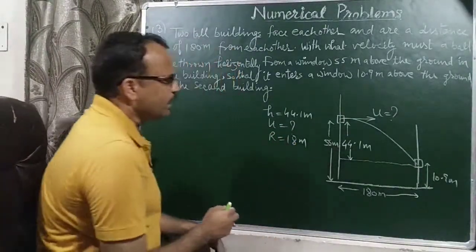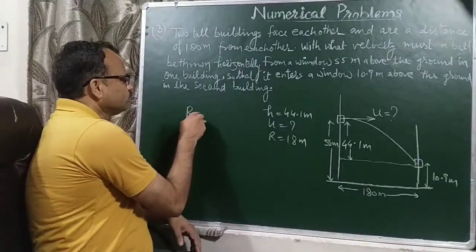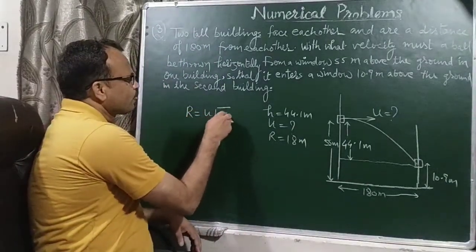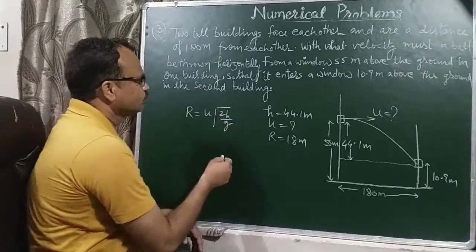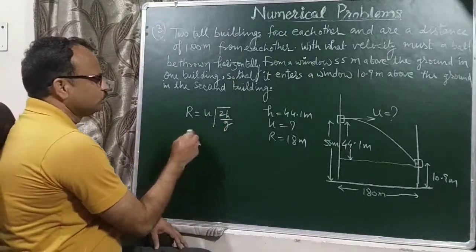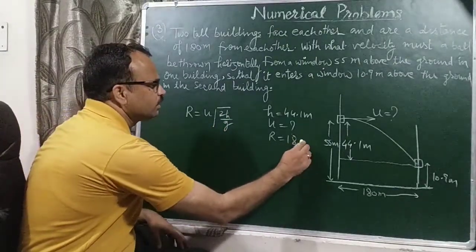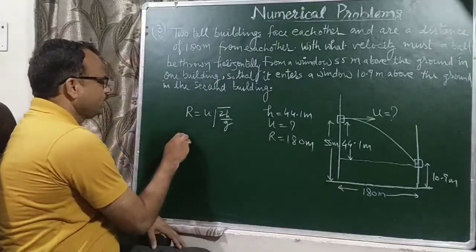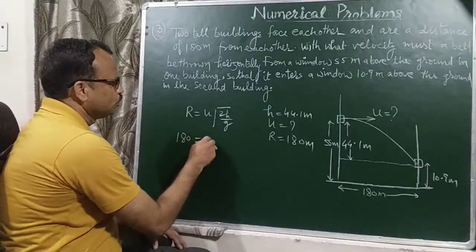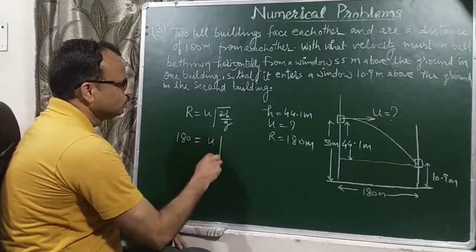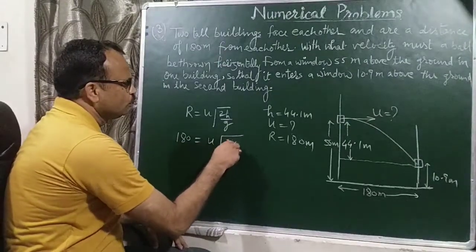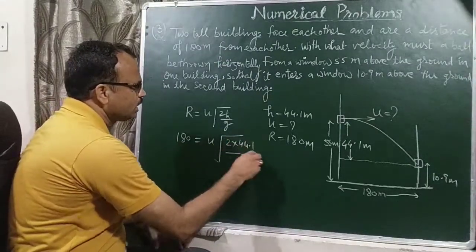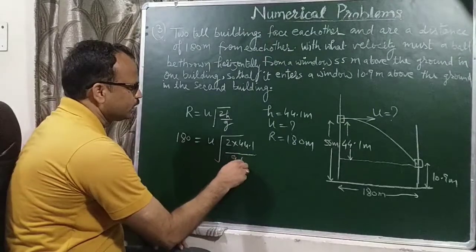Okay. So as we know that r equal to u under root 2h upon g. So now put the value. Here r is given, 180 equal to u. We have to find the value of u, under root 2 into 44.1 upon 9.8.